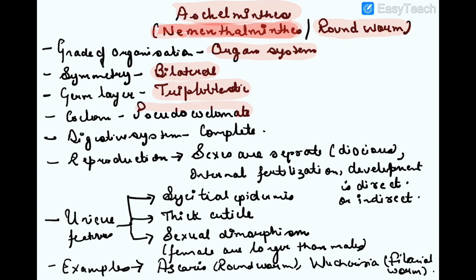Coelom. They are pseudocoelomate, means they have a false coelom. False coelom is a coelom which is not derived from the mesoderm. Digestive system is complete. That means they have separate openings for mouth and anus. Reproduction. Sexes are separate, means they are dioecious, although the word dioecious is used in plants.